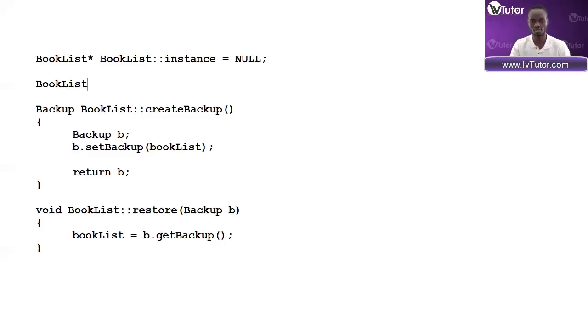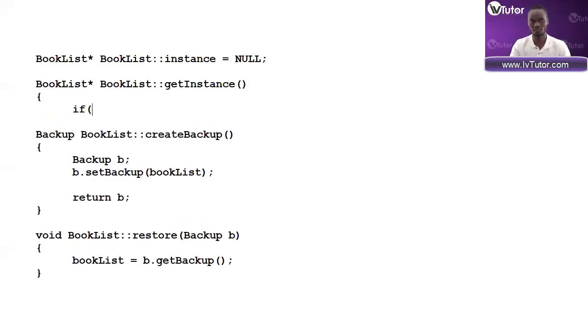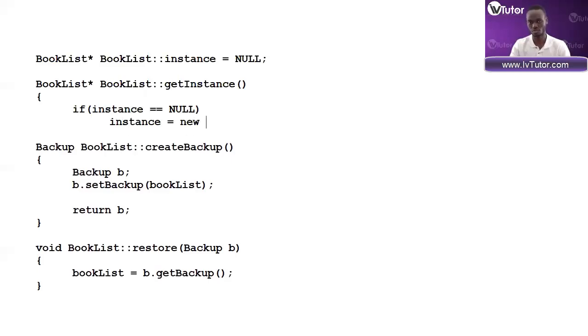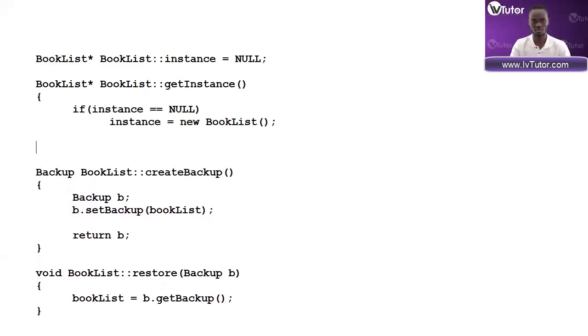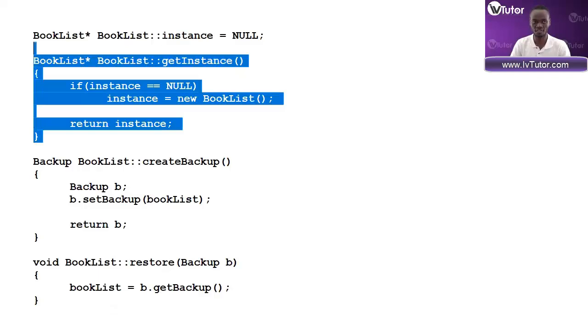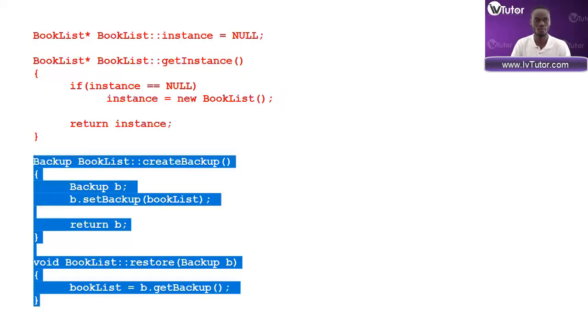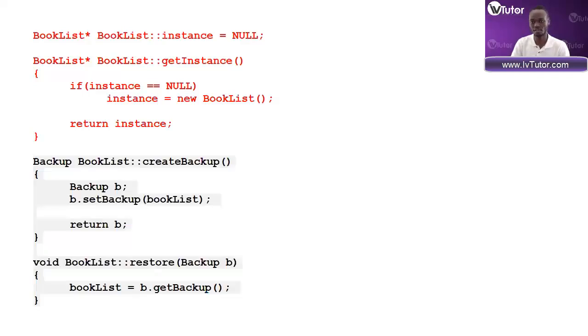So you go BookList::getInstance, and in here you've got your usual if statement: if instance is equal to null, then instance equals new BookList, and then you return instance. That's everything all together. This is for singleton, and this is for Memento. You are doing this all together in one class at the same time, and you have fully applied the singleton and the Memento design pattern.